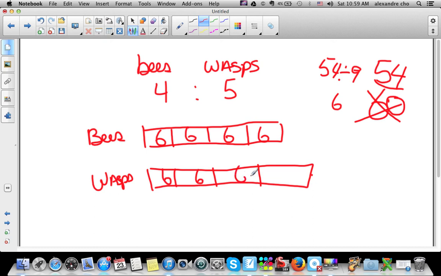So my final answer, once that's completed, is that if I had 54 insects, 1, 2, 3, 4, 24 would be bees. And 1, 2, 3, 4, wait, I'm missing a box here. Okay, 5 boxes. 1, 2, 3, 4, 5 boxes. 30 of them would be wasps, giving me a total of 54.